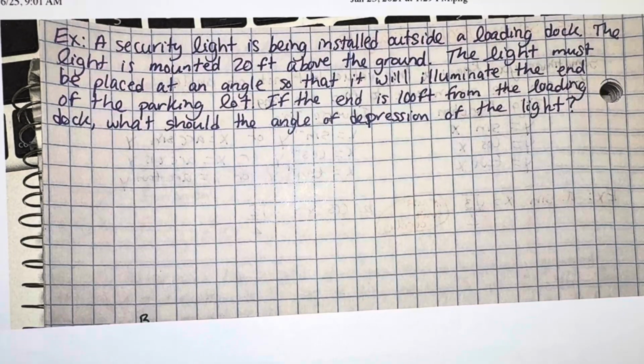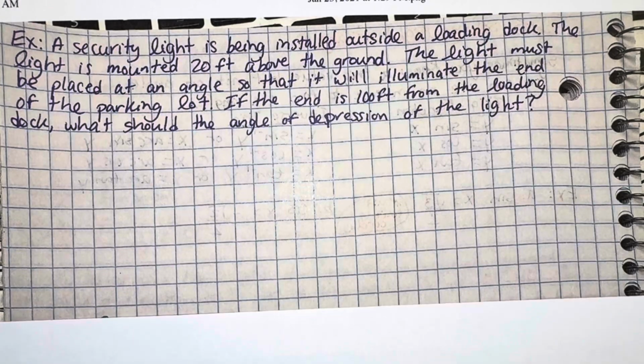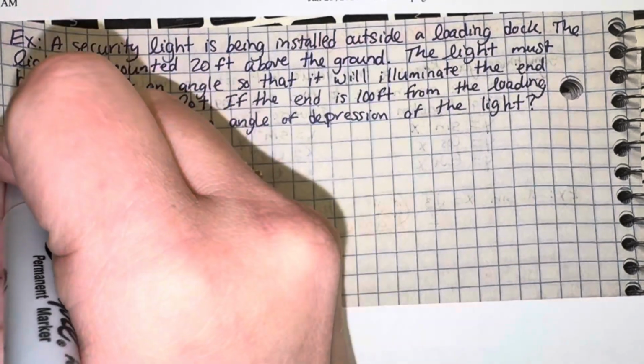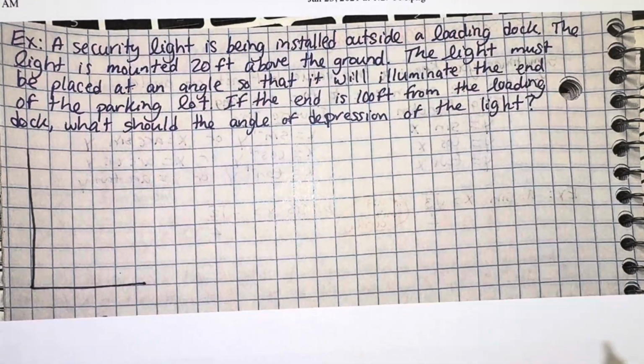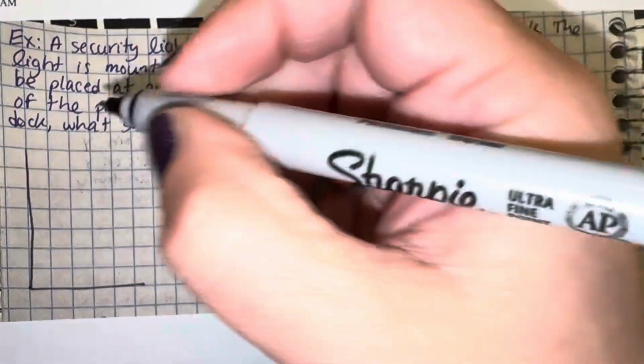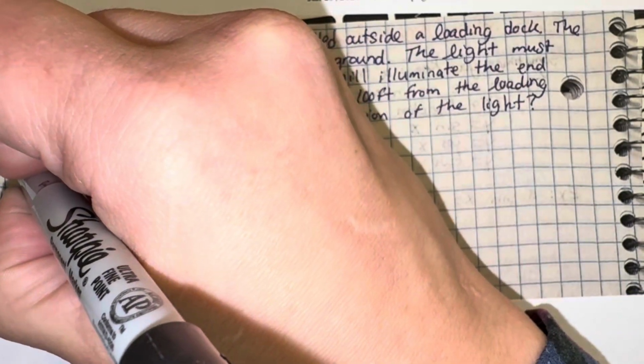So let's start off by drawing a picture for this. I know we're dealing with some sort of triangle. This is my building with my light up here.